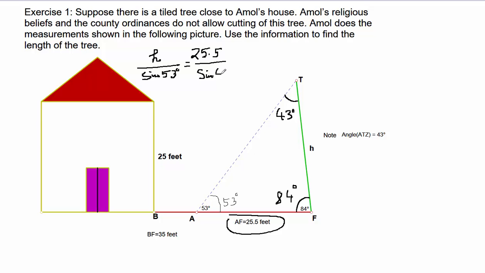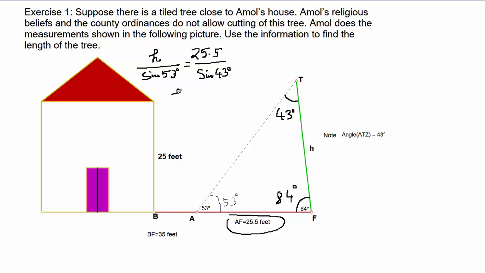So how do we obtain our h then? You can see h will be, we just multiply the entire equation by sine of 53.